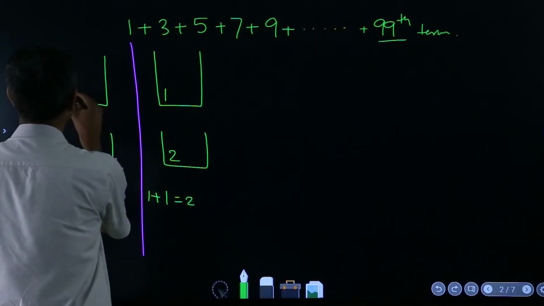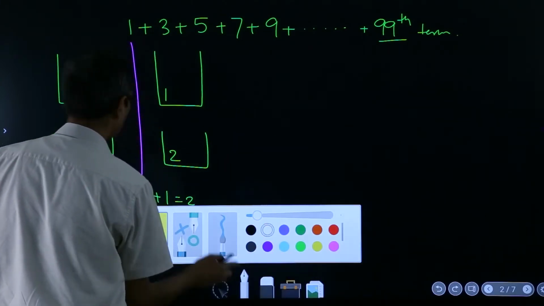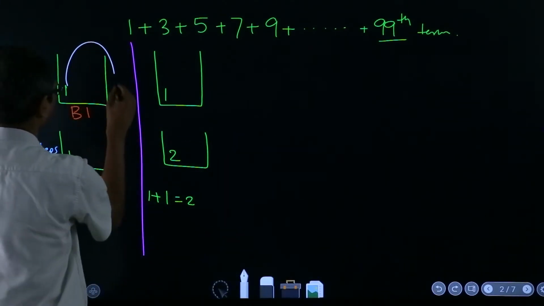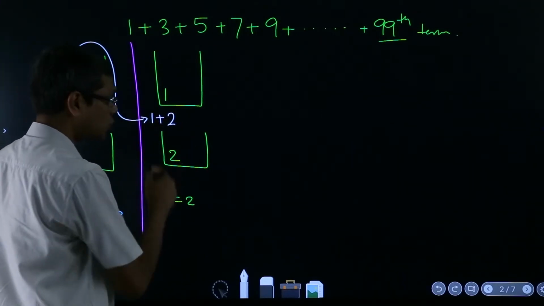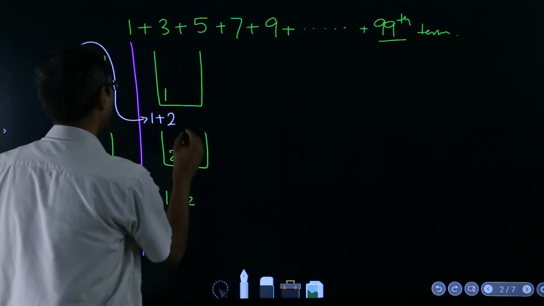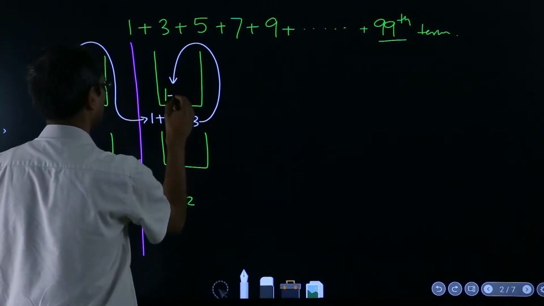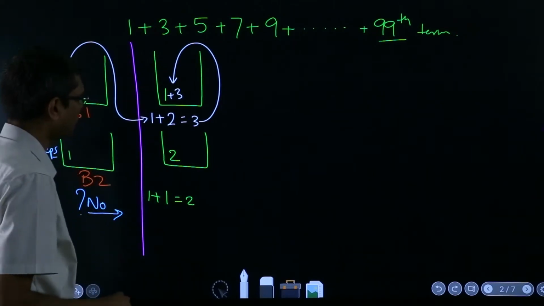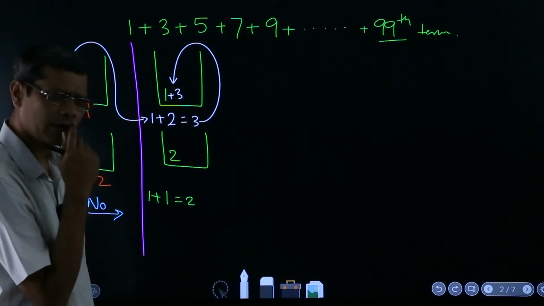So I'll bring this thing out, in a different color, then I will add 2 to this. This 2 is now a fixed number, and whatever comes, I will add here. So plus 3. If I do that, will it work?